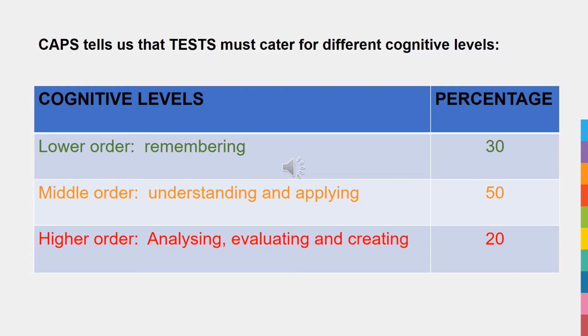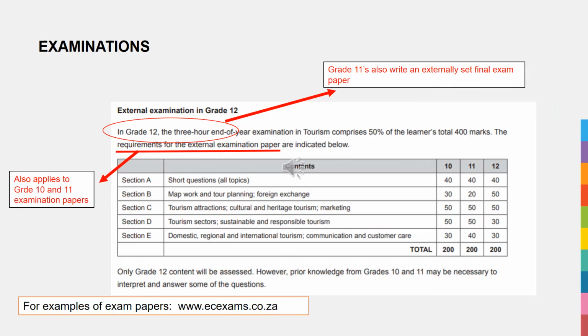Middle order, half your paper is going to be middle order. You're going to test understanding the knowledge and applying the knowledge, and then 20% of your paper is going to be higher order testing, where you're going to see, can they analyze, can they evaluate with what they know.